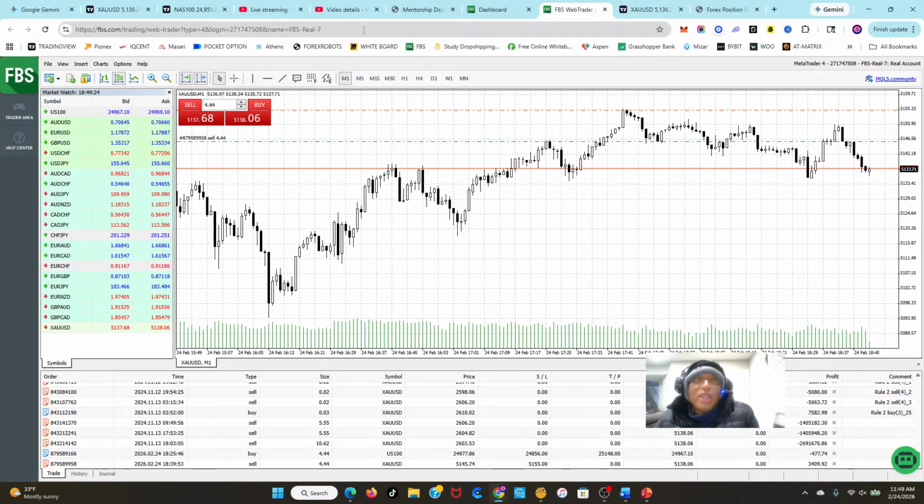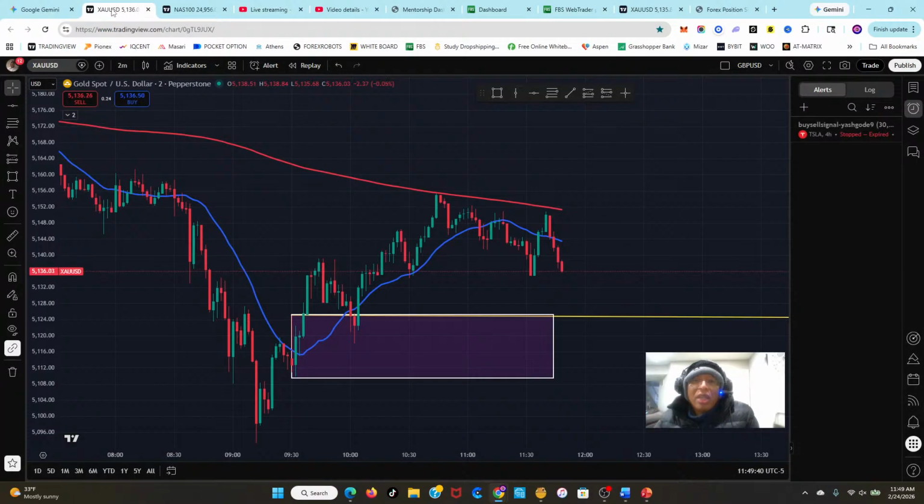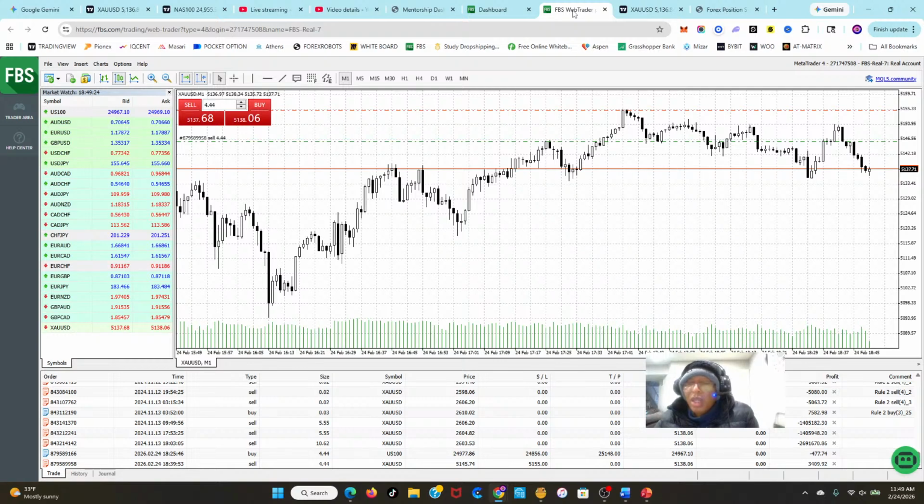Okay, so gold, what is gold doing? I think the thing is stuck. Okay, so gold is coming back here. Okay, there we go. It's pushed further down. Nope, pushed back. Okay, it's pushed further down.